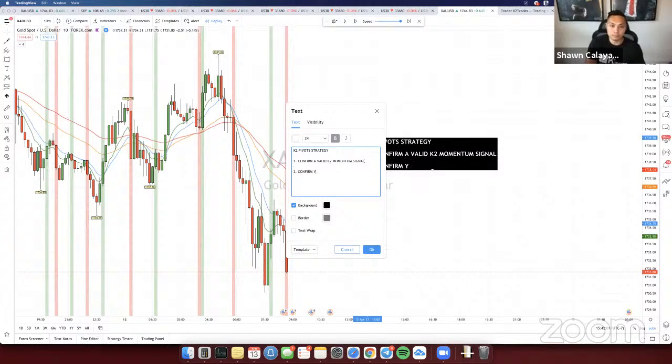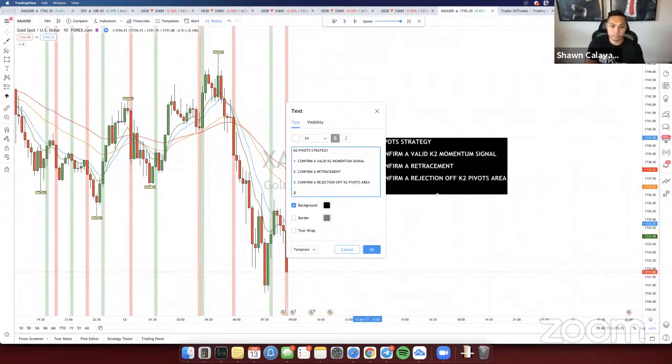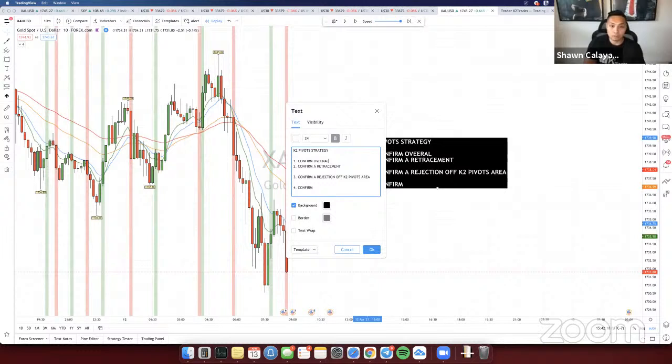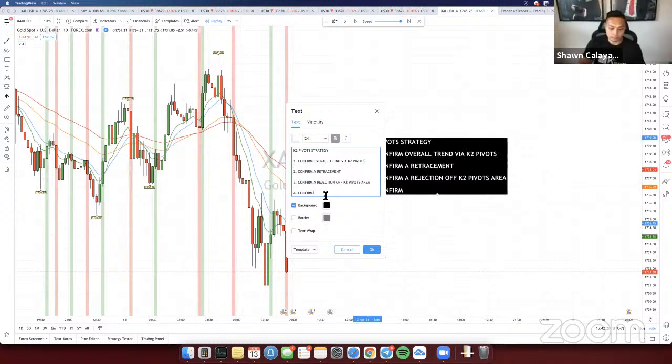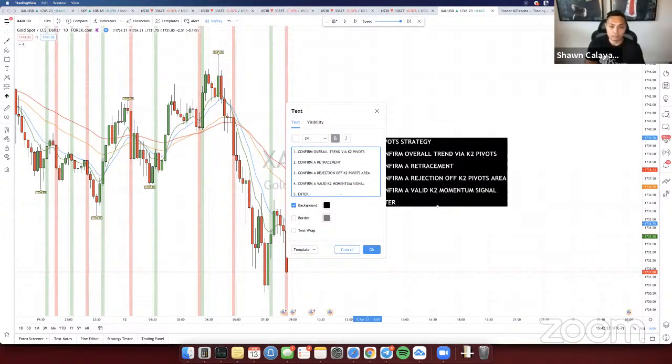Second, you want to confirm a retracement. Third, confirm a rejection off the K2 pivots area. And lastly, confirm a valid K2 momentum signal. After that, you can enter on the open of the following candle.